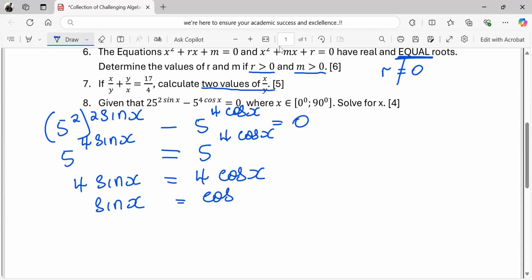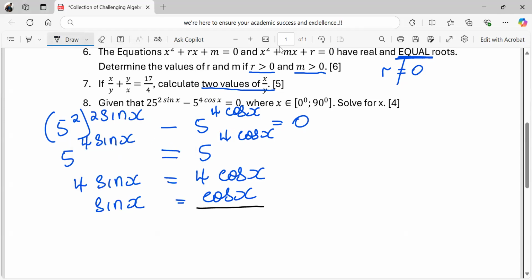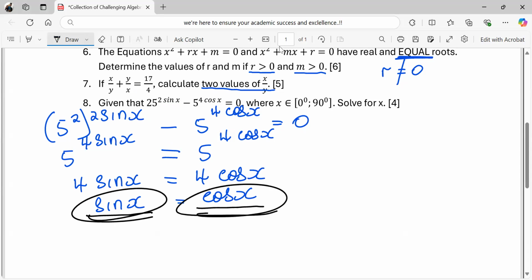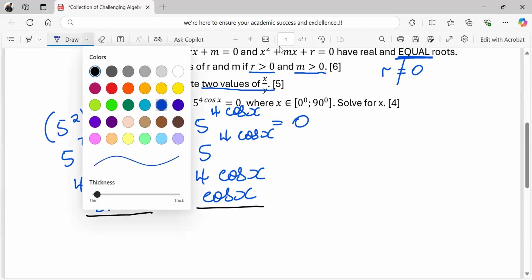So we see that sine x is equal to cosine x. And then we come back and divide both sides by cosine. Why? Well, it's because it's very difficult to solve an equation like this one. Sine x equals cosine x. How can we find a solution to that? Well, it's relatively difficult, but to make it easy, we can just divide both sides by cosine.